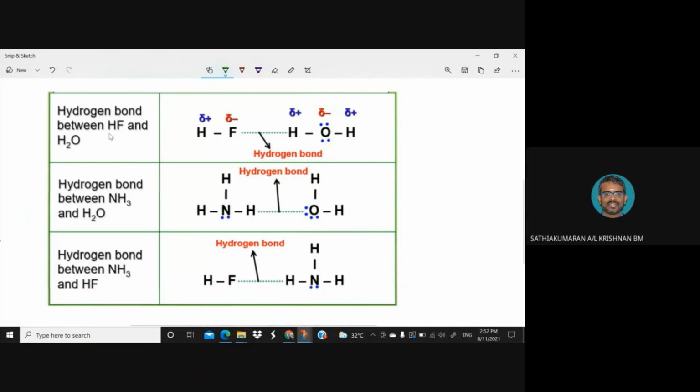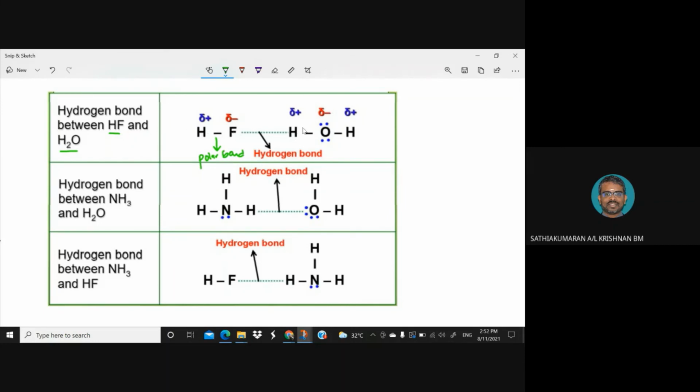Hydrogen bond between HF and water, between molecules. I have HF, and we already studied: is this bond a polar bond? Yes, a polar bond, so there is a dipole positive and a dipole negative. Fluorine is more electronegative than hydrogen.